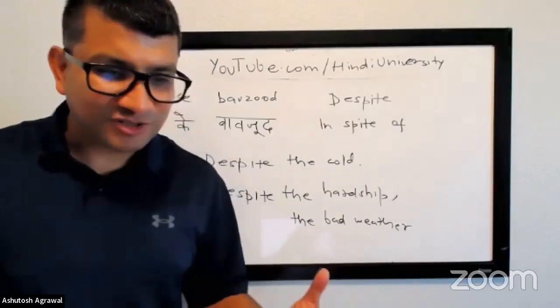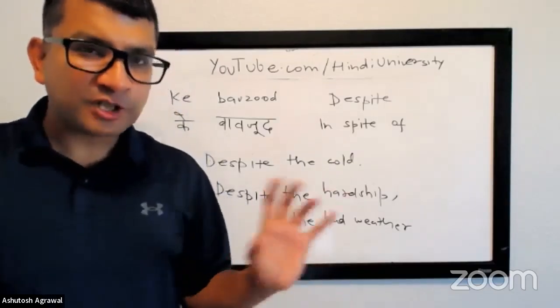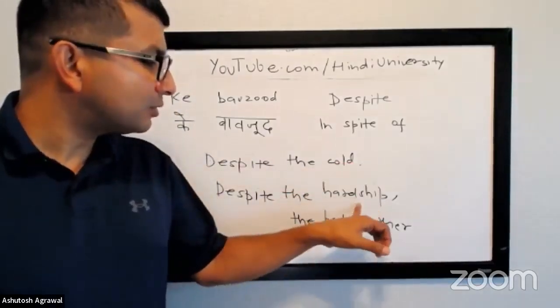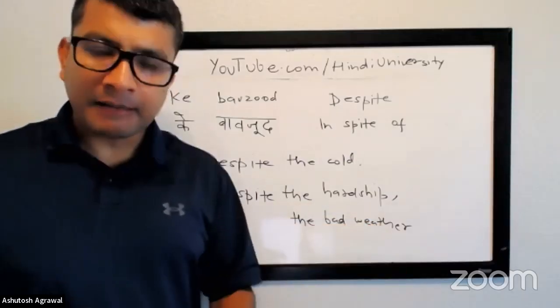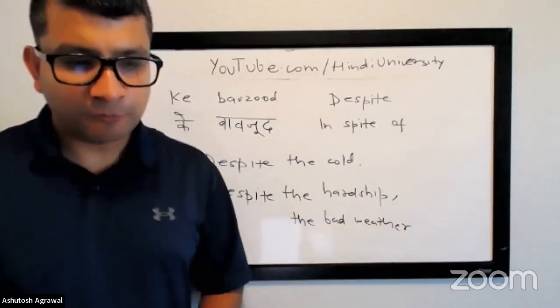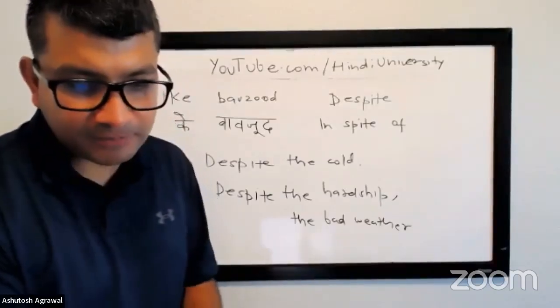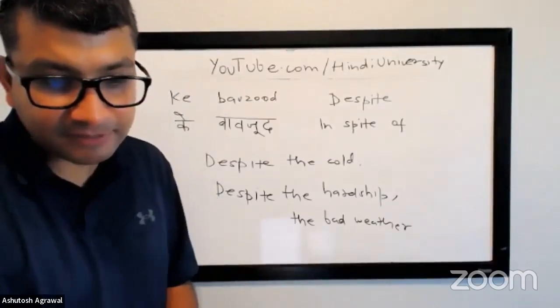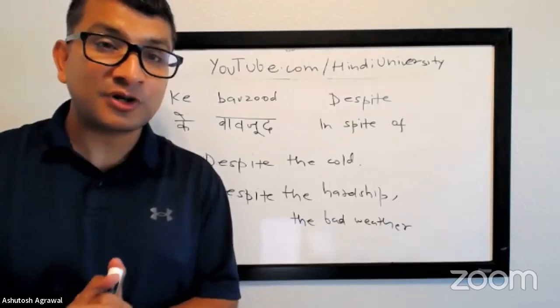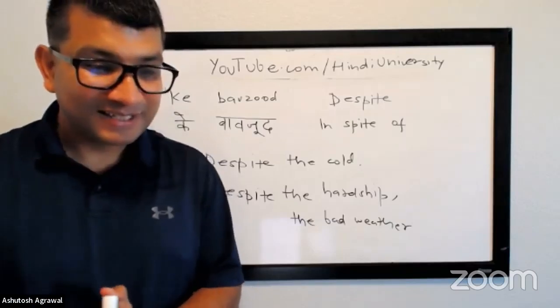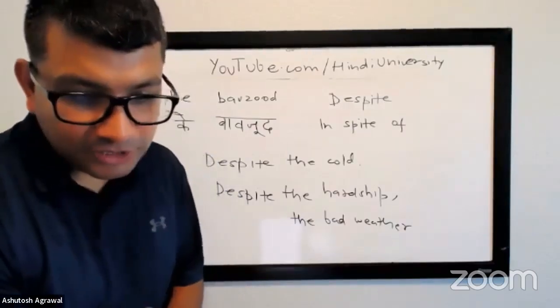There has to be some actions, right? So first in part one we'll just do these: cold, hardship, weather, and then in the second part we'll do some verbal nouns, so that you will see some interesting sentences, like despite complaining. You will not hear despite the complaint, right? So let's just do this one.